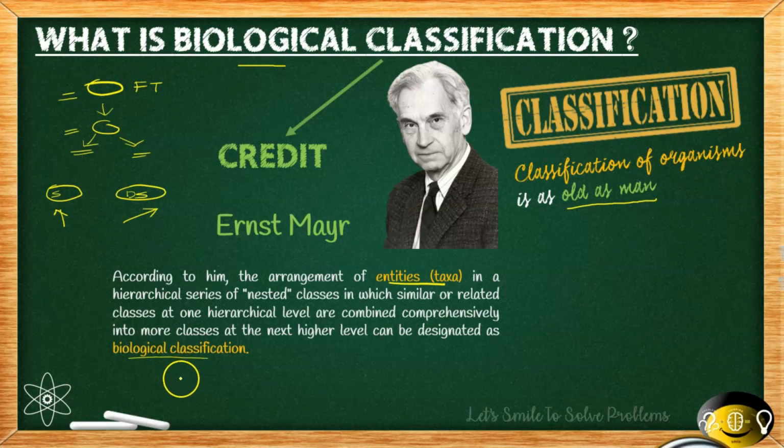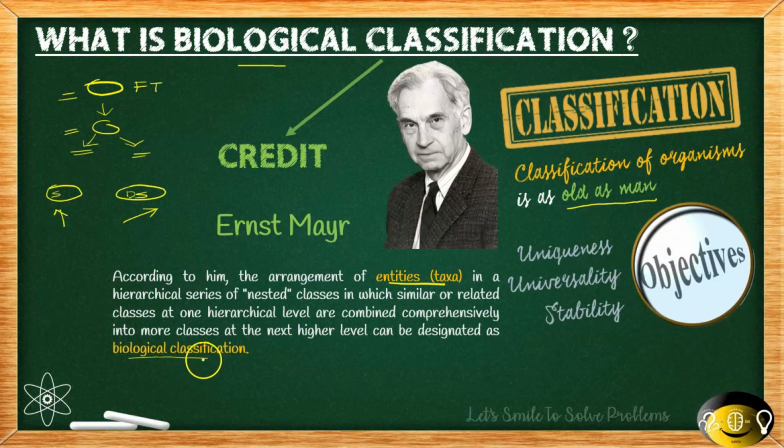Now, what are the objectives of biological classification? There are three basic objectives: uniqueness, universality, and stability. You may be thinking what this basically means. When this classification was made, some names were used, and each name should be unique. Before going to universality, let's understand uniqueness. If my name is Anita or Rohit, my name is unique, right?